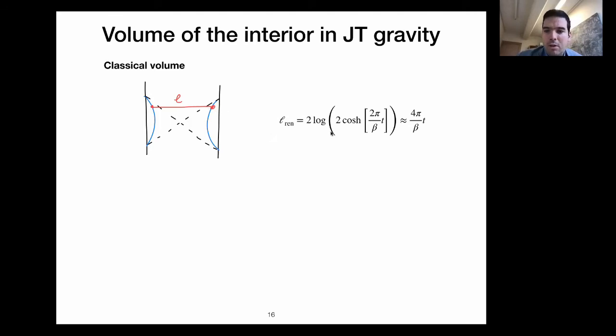And if you calculate this, then it has a very simple form. After you remove the divergence from the usual holographic UV divergence or IR divergence, you get this formula that gives you the linear growth that I was mentioning that is true for all black holes. Okay, so this is the classical story.